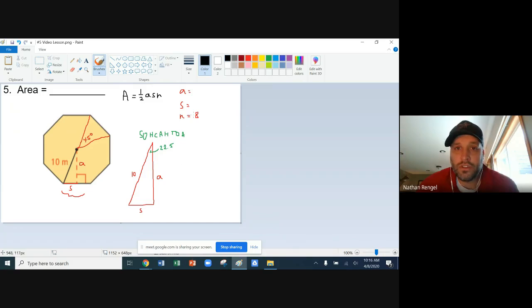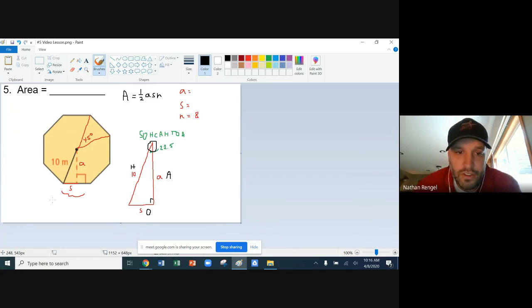So I like to circle my vantage point, so here's where my angle is. And then labeling my sides, always start with your hypotenuse, which would be this, because your right angle is right here. This is going to be my adjacent side, which is also marked the apothem A, and then this is going to be my opposite side down here.